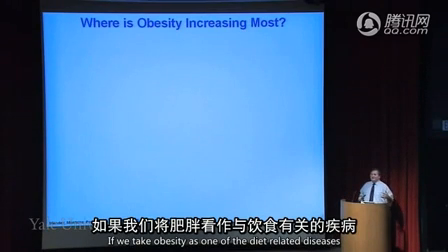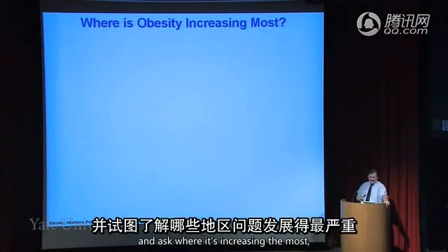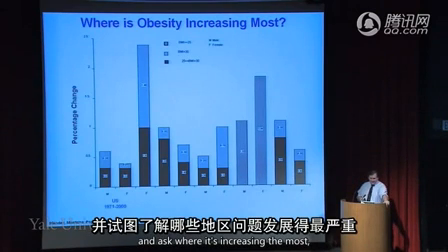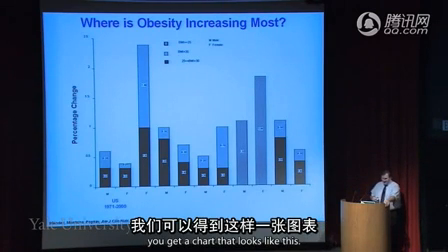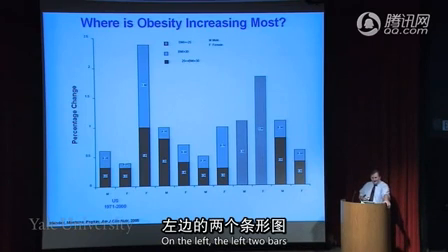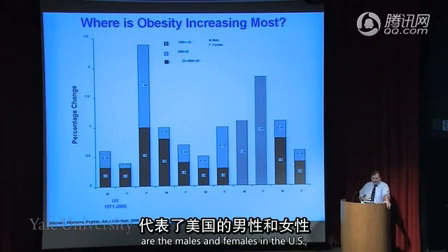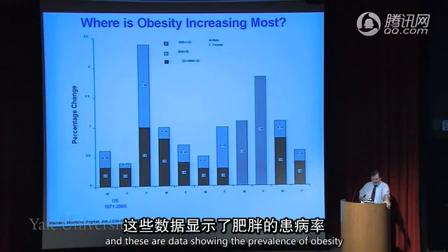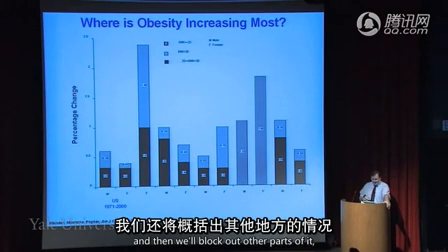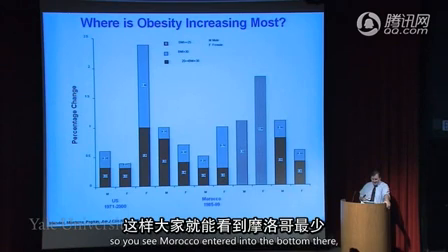If we take obesity as one of the diet-related diseases and ask where it's increasing the most, you get a chart that looks like this. On the left, the two bars are the males and females in the U.S., and these are data showing the prevalence of obesity. And then we'll block out other parts of it. So you see Morocco entered into the bottom there.